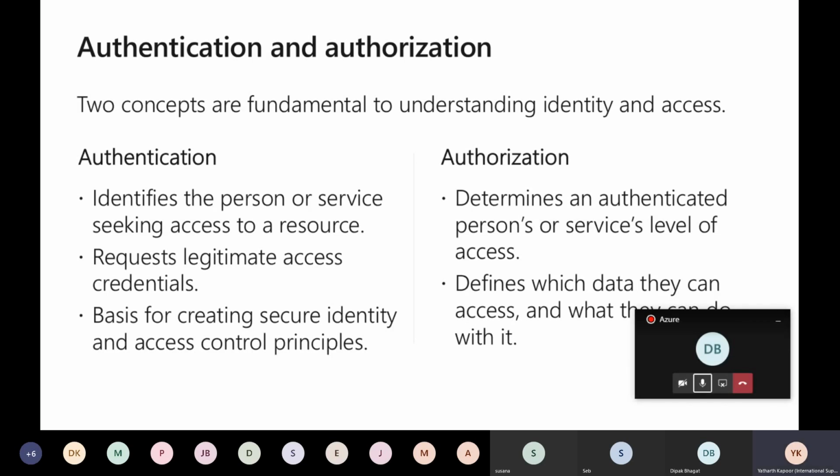Some of you definitely have. Is there anyone who does not have an account on Azure AD yet?